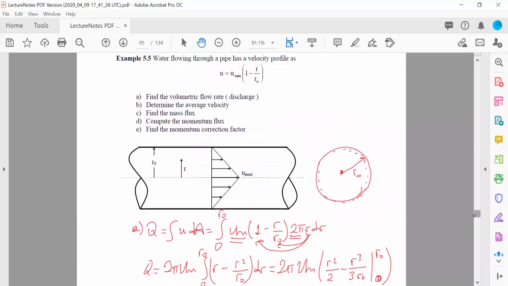As you see, it is not just simply maximum velocity times A over 2, because it is triangular, as I said previously.